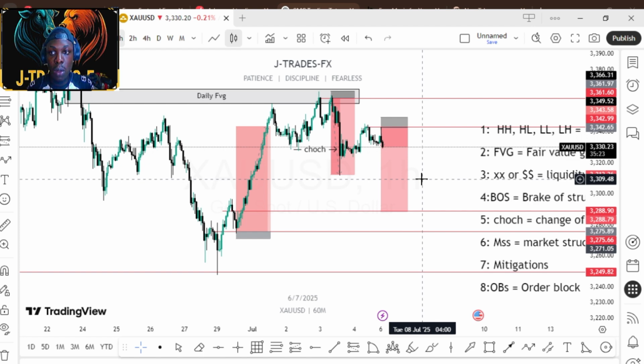I'll be explaining what all of those are and how the traders use them. What is the difference between a scalper, a day trader, a swing trader, and also a position trader. Now you understand what market structure is.